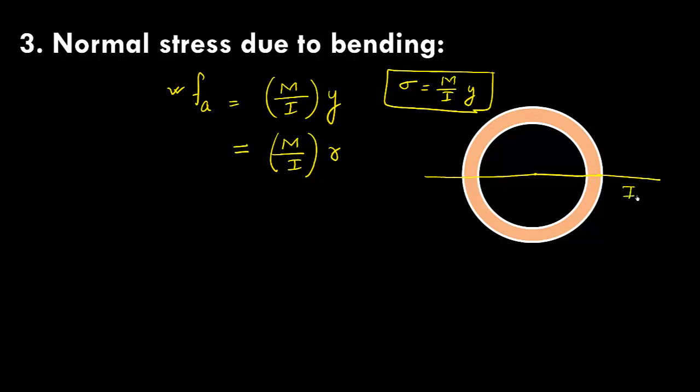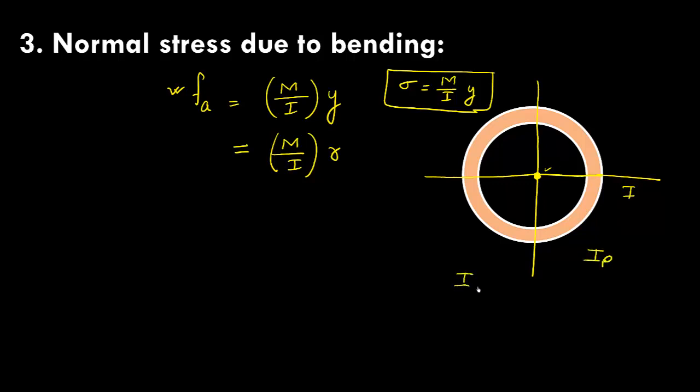So how can we calculate this? If you remember, we can use the perpendicular axis theorem in this case, because we know the moment of inertia about an axis passing through this point and perpendicular to this plane, that is the polar moment of inertia, equal to IP.